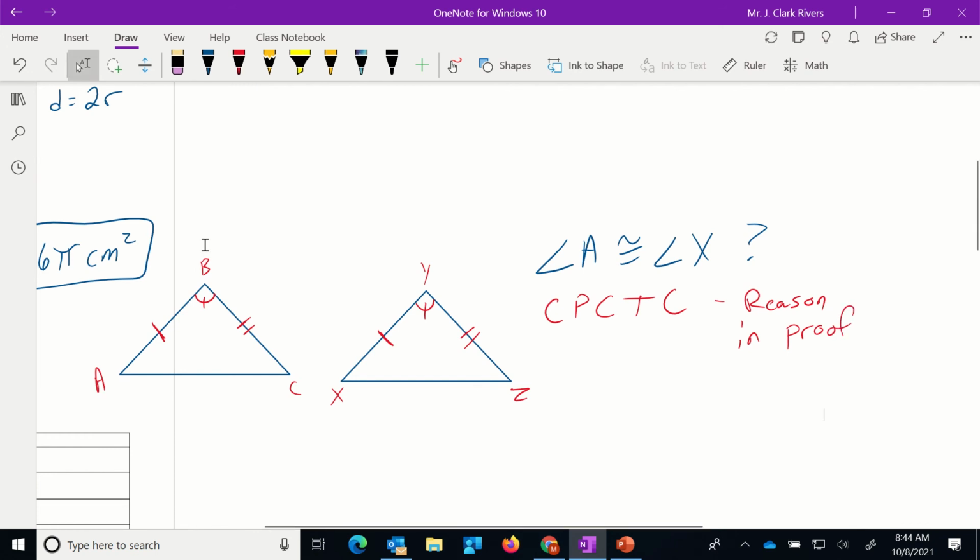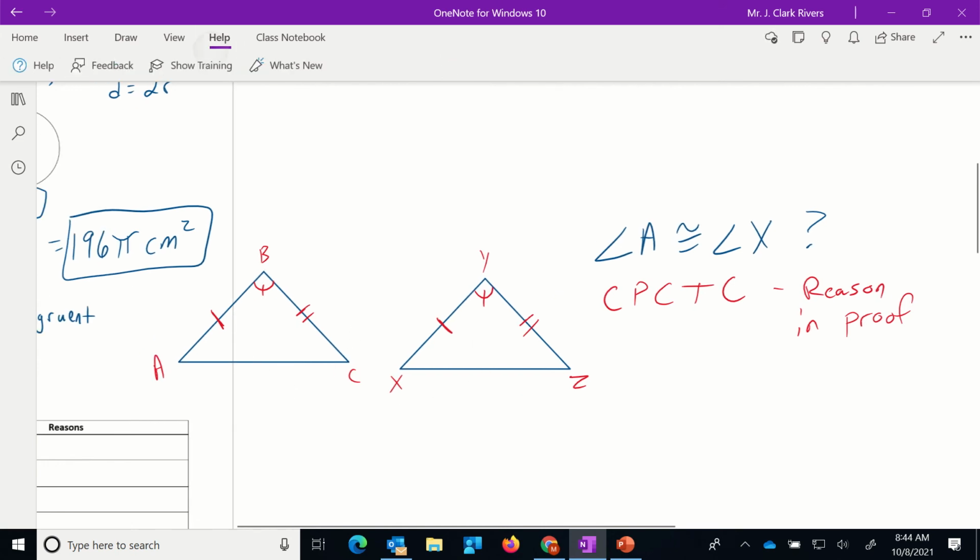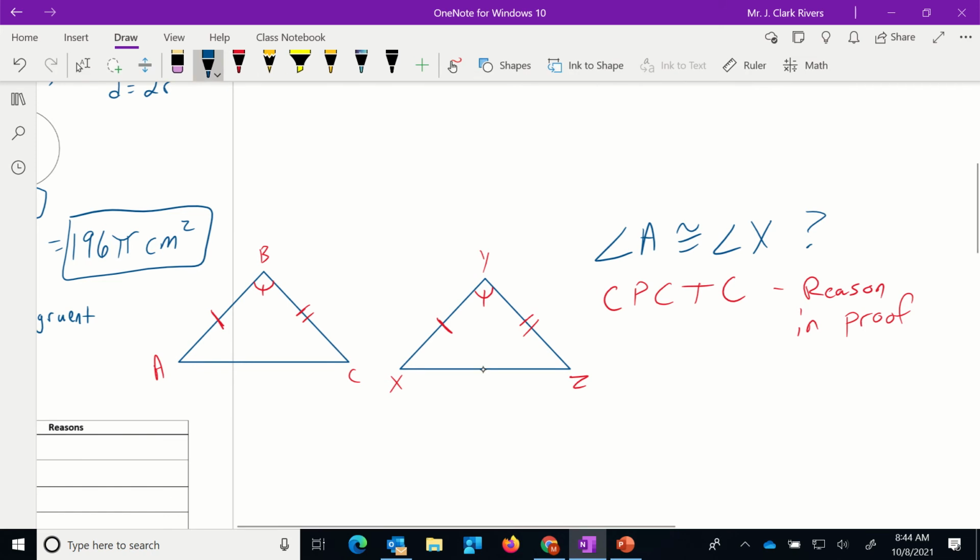And you don't have to write out all the words. CPCTC is perfectly acceptable. How do we know that AC is congruent to XZ? We know that because corresponding parts of congruent triangles are congruent, CPCTC.